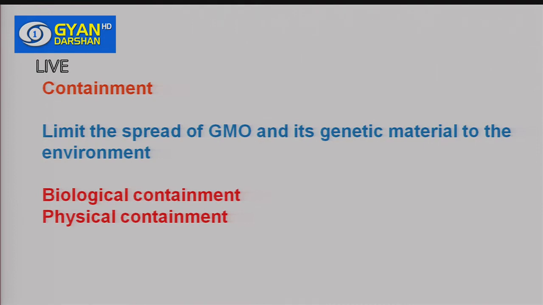Biological containment means you genetically modify the plant in such a way that there is no chance of contamination. There is no chance of pollination, because we know that it is because of pollination or pollen escape that a surrounding plant can be contaminated. There are different techniques in plant biotechnology. There is a way of making male sterile lines, or there is a technique called chloroplast transformation, because chloroplast, we all know, is maternally inherited.